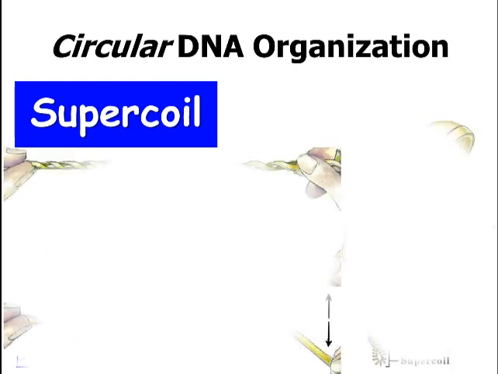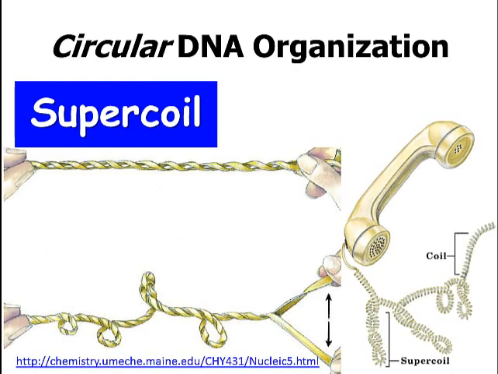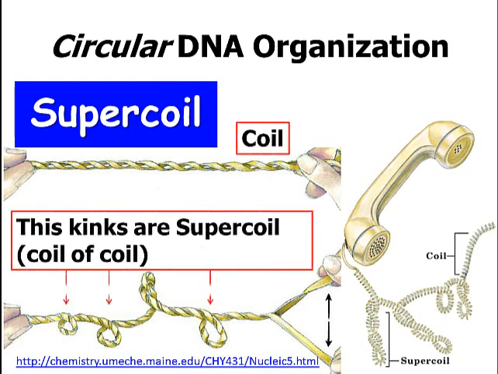I hope with these pictures we can understand the concept of supercoil very easily. As you see, the double helix has to turn around itself, and when it turns again, it makes a kink or coil of coil, which is called supercoil.